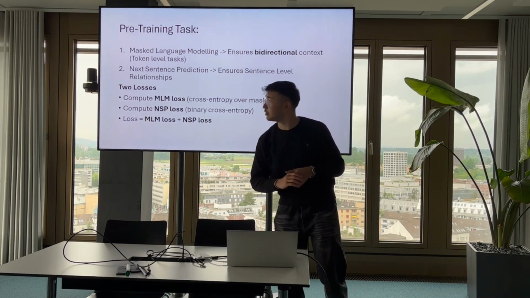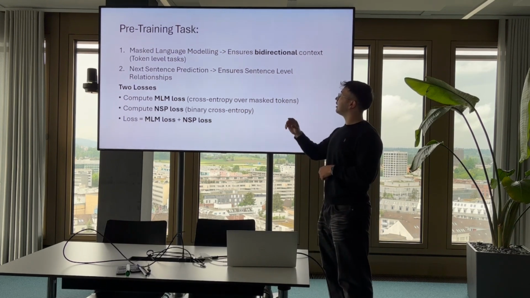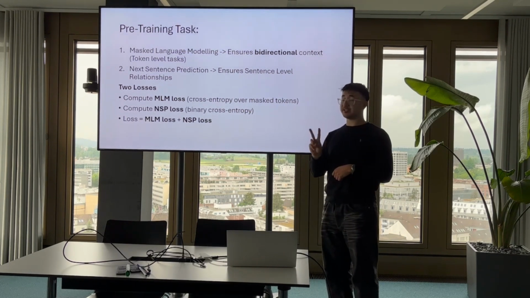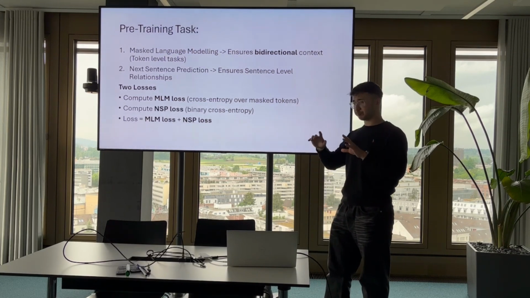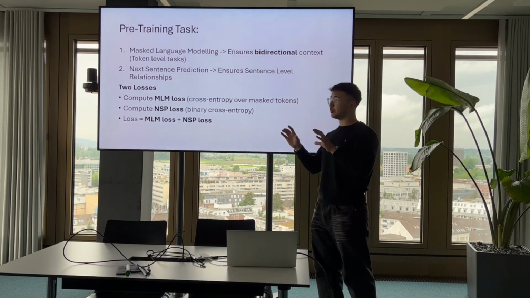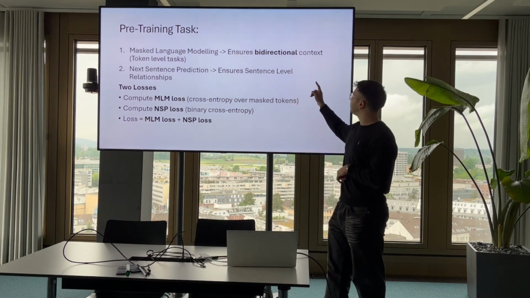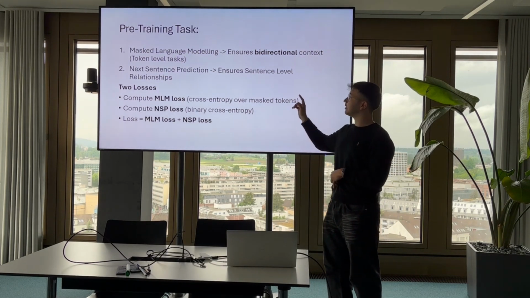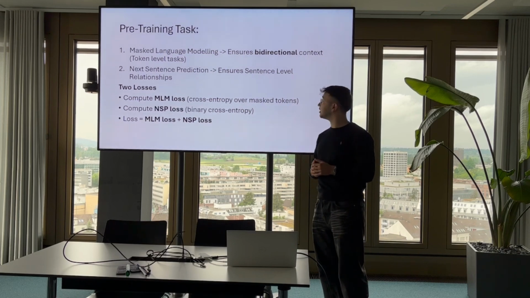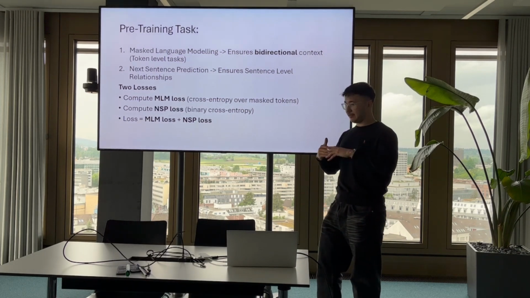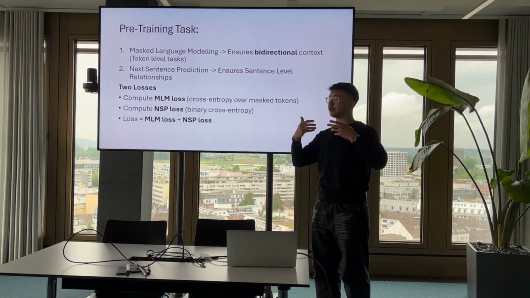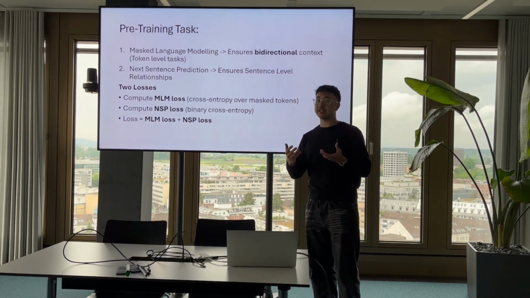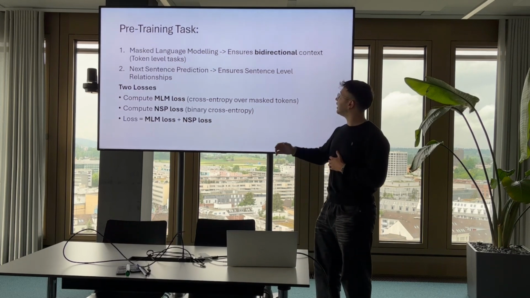So let's look at the pre-training tasks. BERT is trained on two base tasks: masked language modeling. In the next slide, we're going to look at this in more detail, but this ensures bidirectional context, and I'll explain why. This masked language model concept is very important because this is the main task where BERT captures token-level meanings.